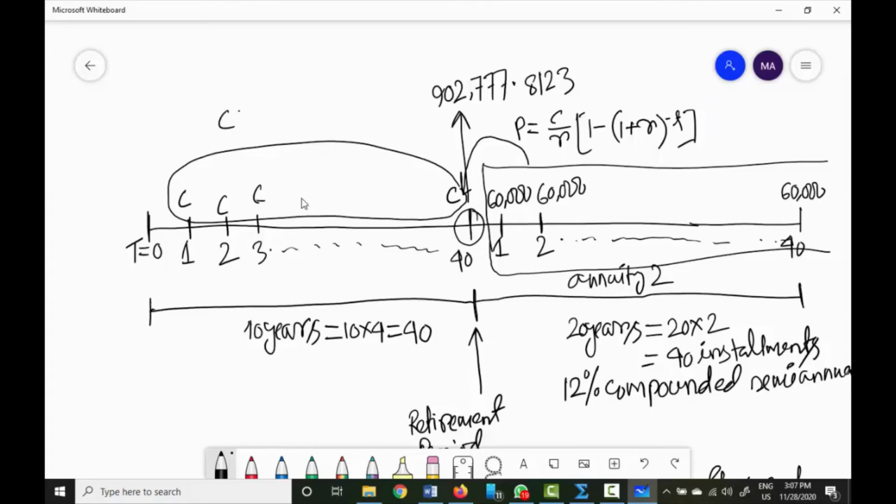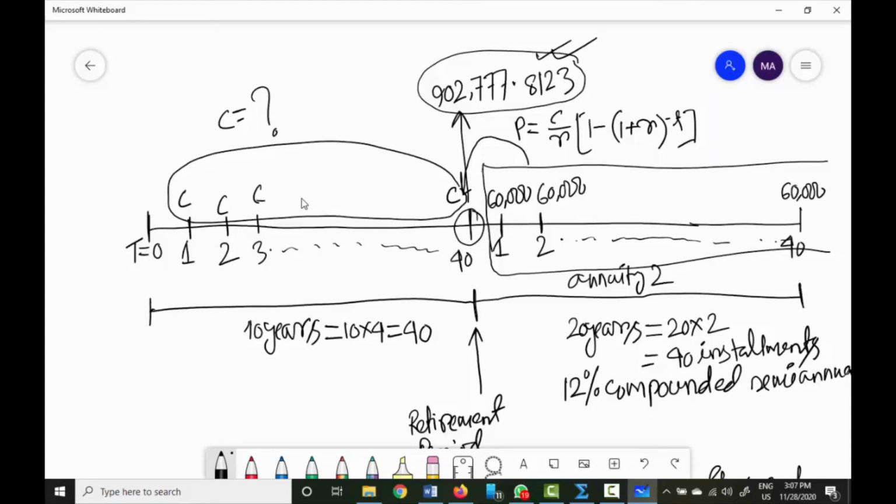That means we need to find the value of C, right? How much you should save at the end of every quarter so that you have this amount of savings after 10 years.